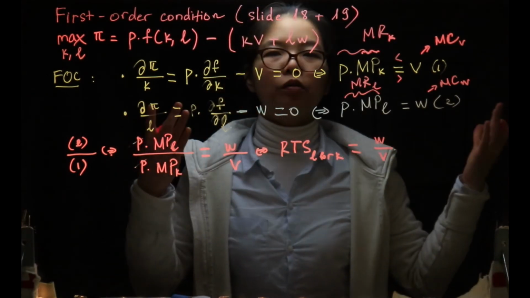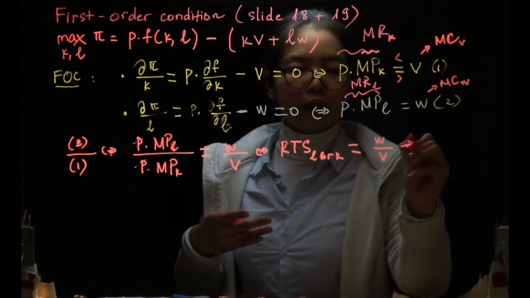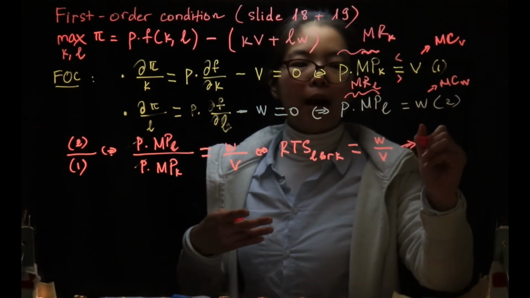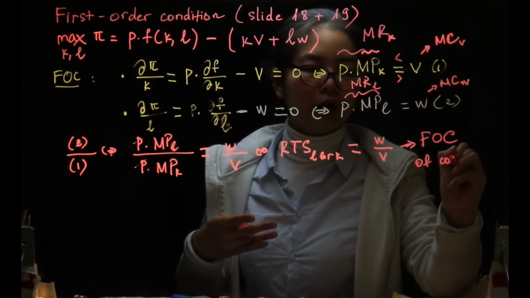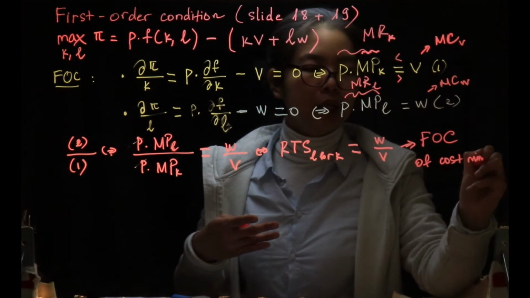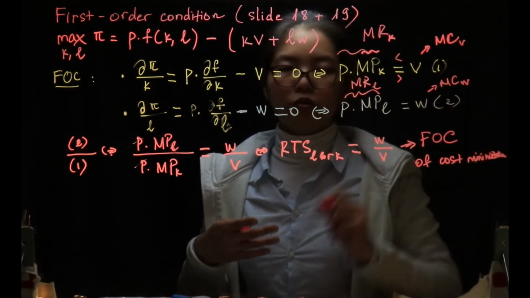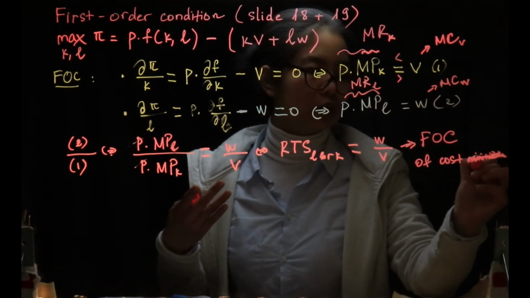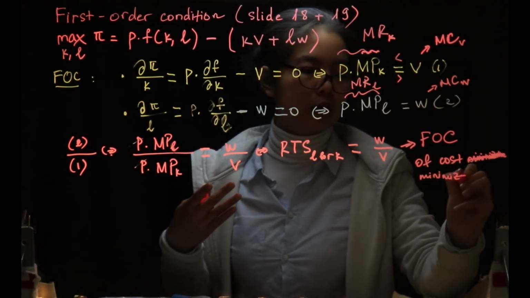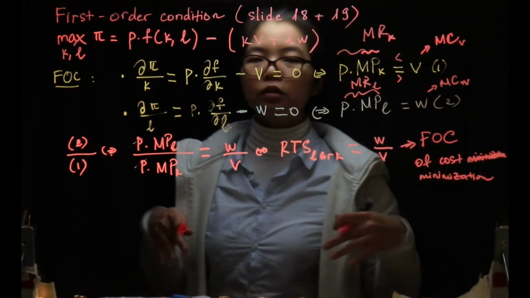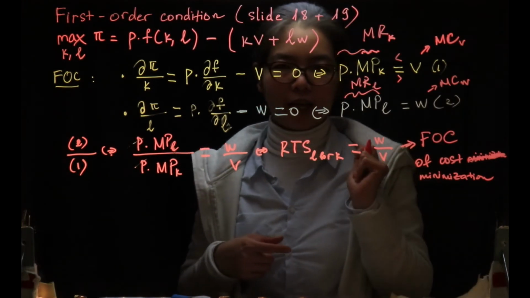And if you recall further, this is exactly what is said by the first order condition of cost minimization. So you could check again on your own to see if this is the case.